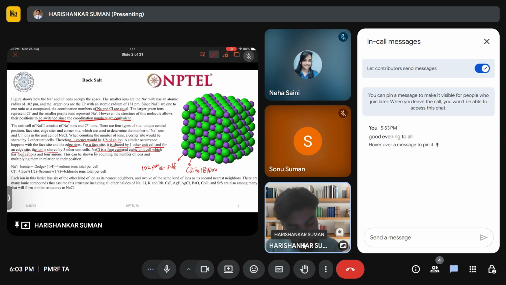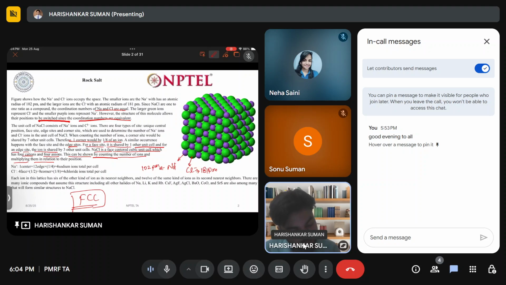This can be shown by counting the number of ions for cation and anion and multiplying by the contribution of their positions. NaCl is an FCC, please remember. For Na, let's say 1 center plus 12 edges. The contribution of the 12 edges is 1/4 each.